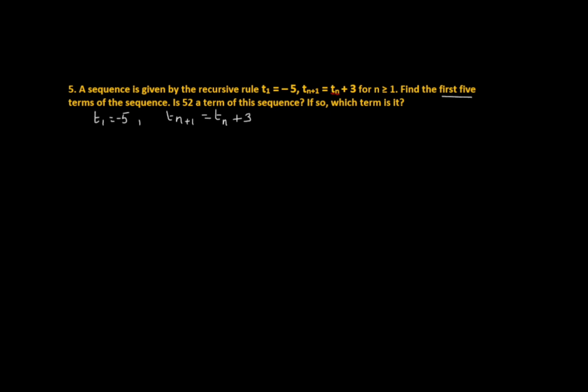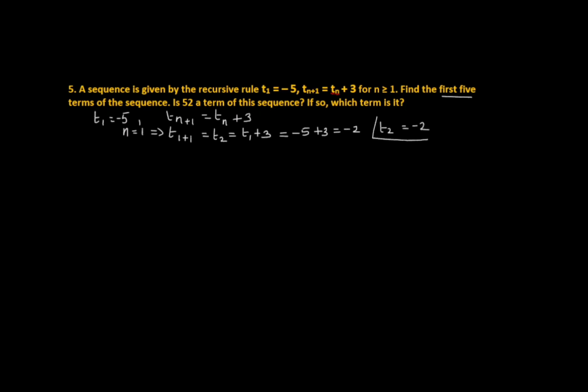Now T1 is given as minus 5. To find T2, look at the general format. If I replace n is equal to 1, so 1 plus 1, I will get T2. T2 is equal to T1 plus 3. Right hand side, Tn plus 3, T1 plus 3. So T1 is minus 5, plus 3, minus 2. So T2 we got is minus 2.